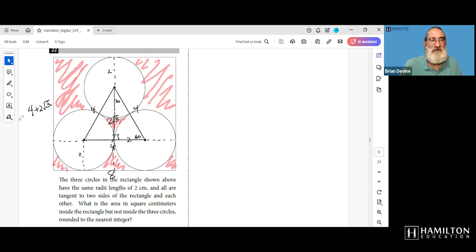So I have to take the area of the rectangle, not a square, rectangle, and take out the area of the 3 circles. That sounds pretty straightforward. If I take the area of the rectangle and I take out the 3 circles, that's going to give me the area that's in the rectangle, but not in the circles.